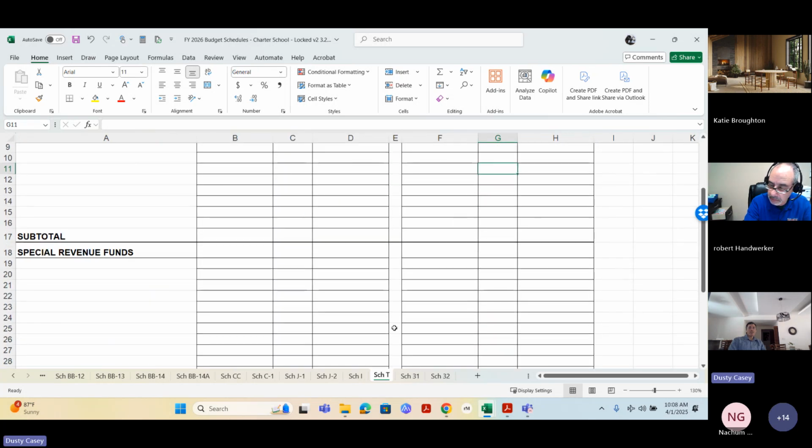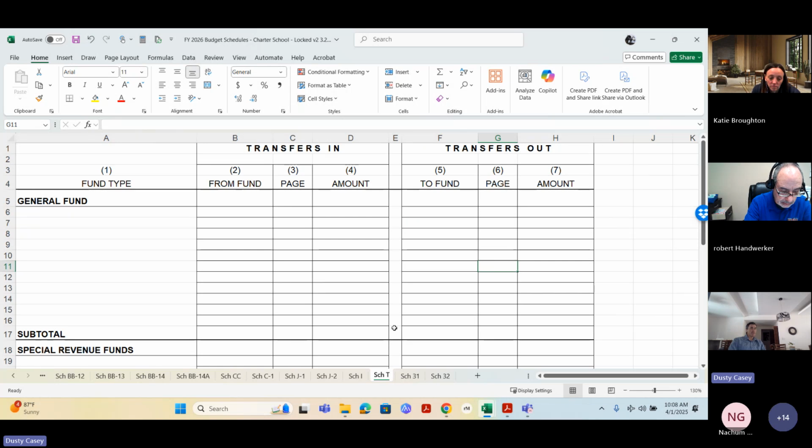Okay, Schedule T is a list of all your transfers. I want to point out something I saw on quite a few 387 reports where the transfers were not really being accounted for. You have to remember your funds that you're writing checks out of, let's just say special education, those funds can't have deficits at the end of the year.